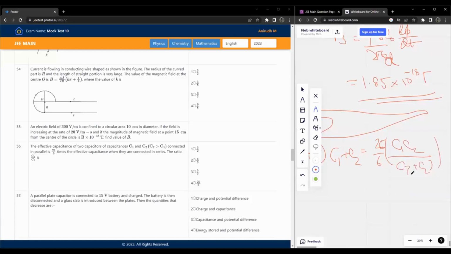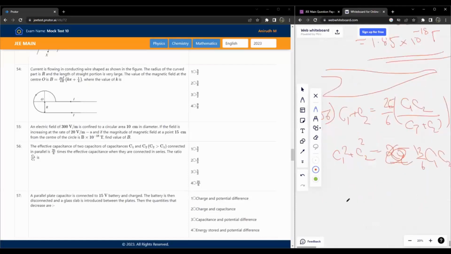So basically, you have the fact that C1 squared plus C2 squared is equal to 25 by 6 minus 2, that is 13 by 6 C1 C2. C1 by C2 plus C2 by C1 is basically 13 by 6.